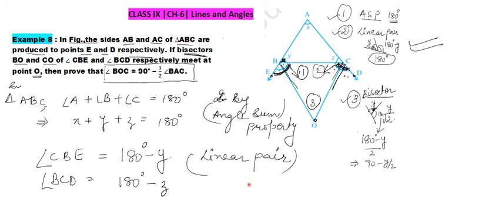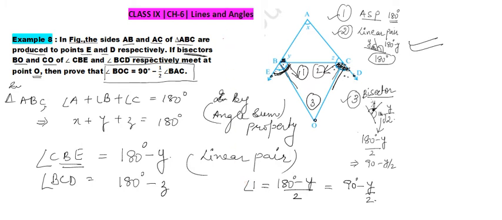Angle 1 will be equal to half of angle CBE, so half of CBE will be 180 degree minus y divided by 2, which further comes out to be 90 degree minus y by 2.